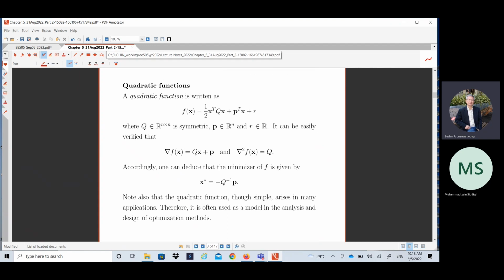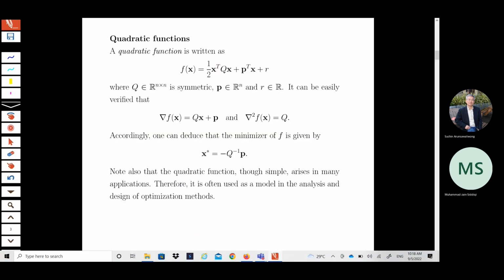Okay, and there is a function. In nonlinear optimization, we sometimes use a quadratic function as a benchmark.